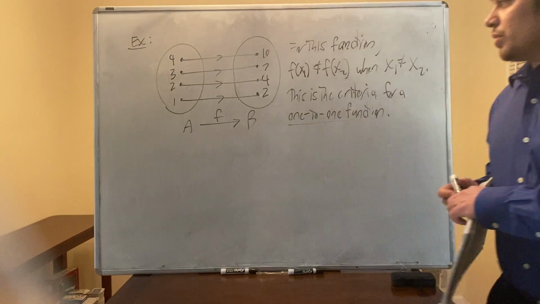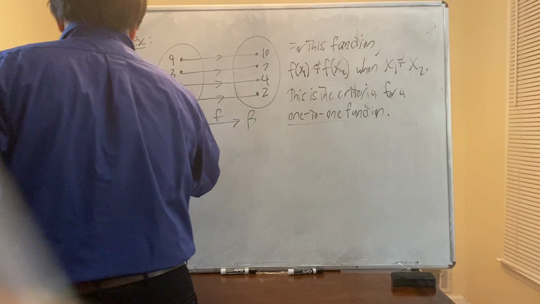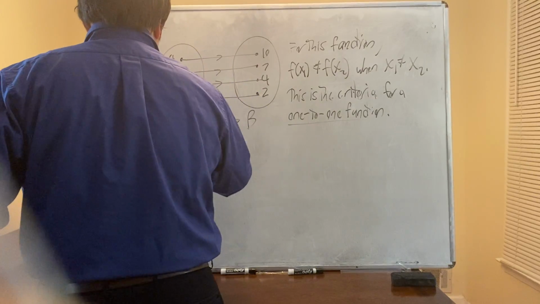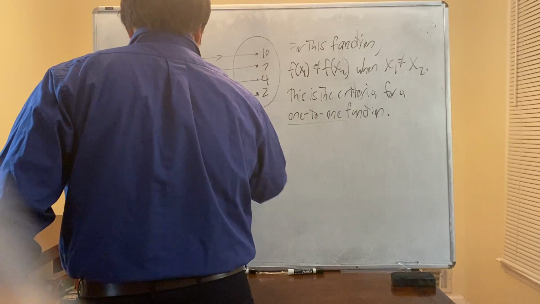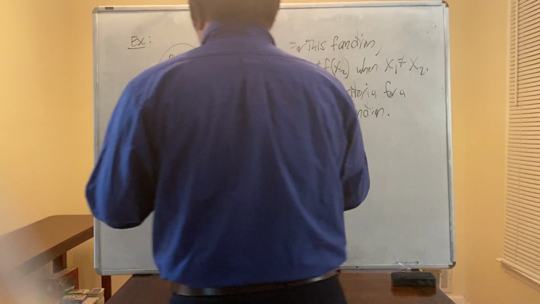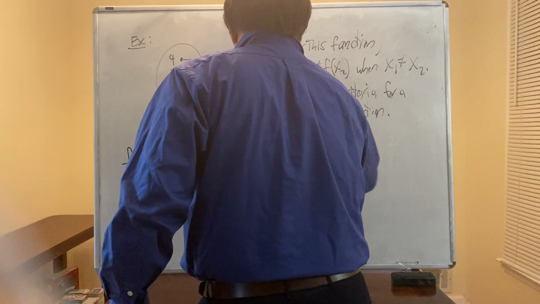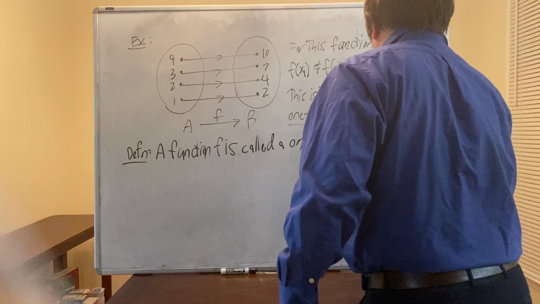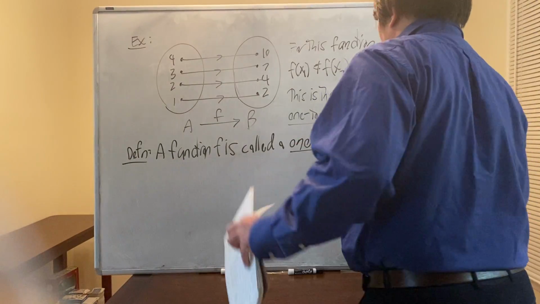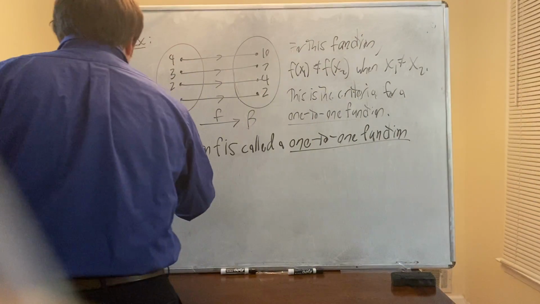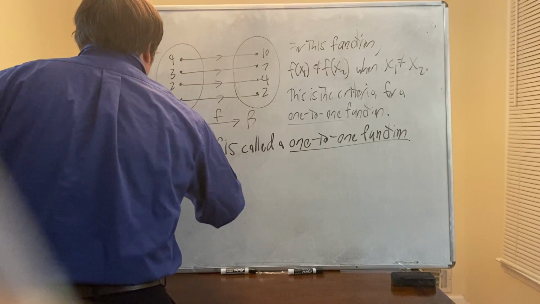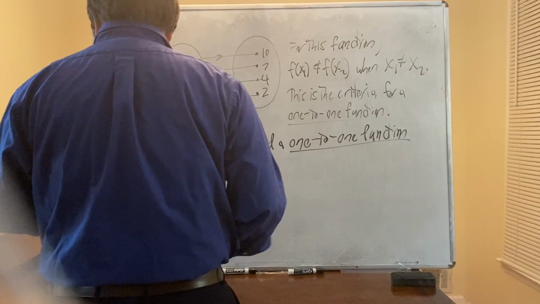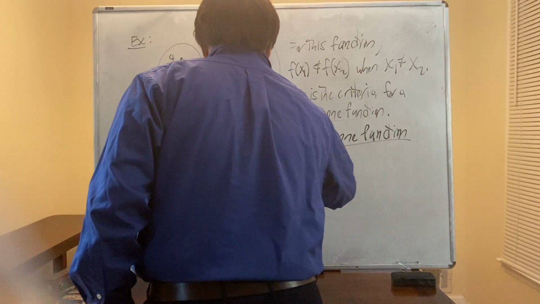Okay, so let me define a one-to-one function. A function f is called a one-to-one function if it never takes on the same value twice.